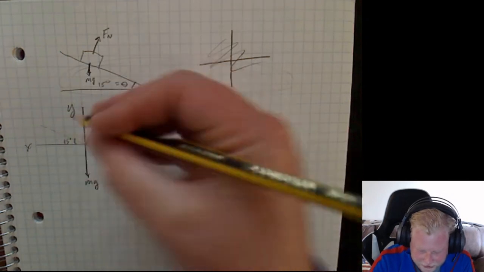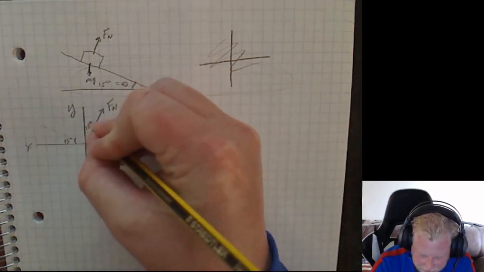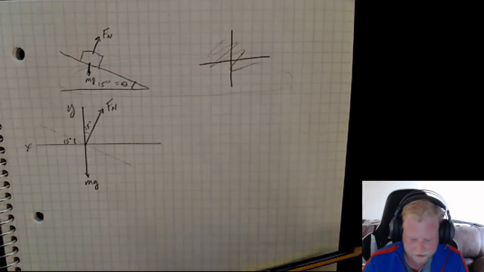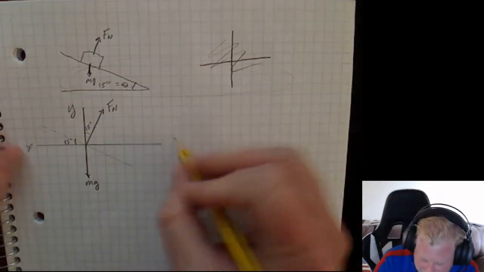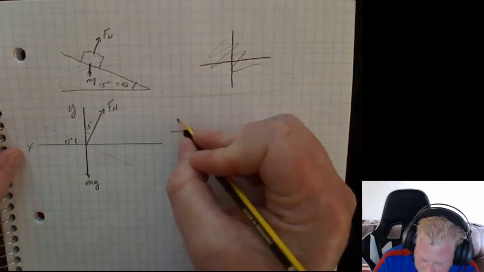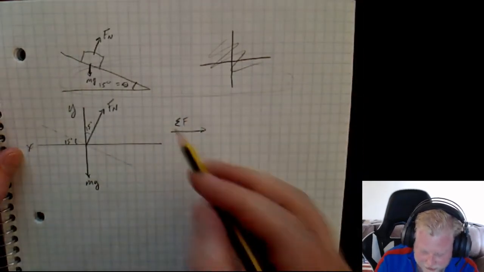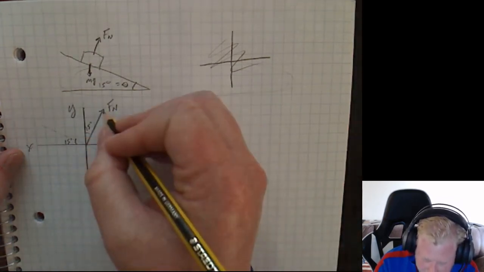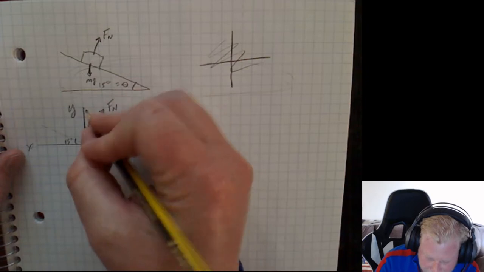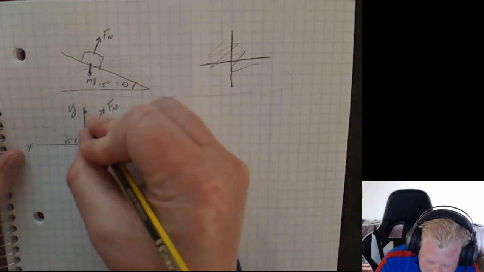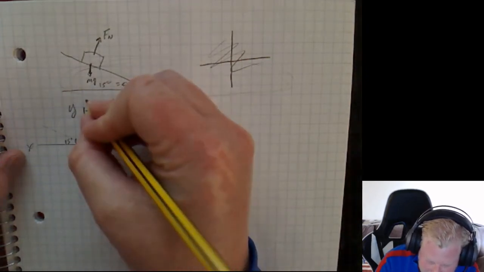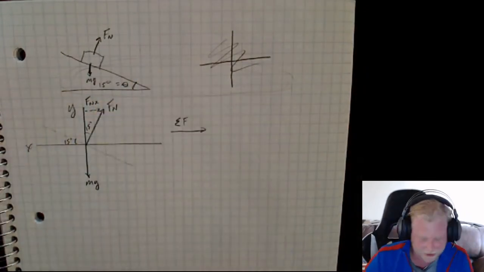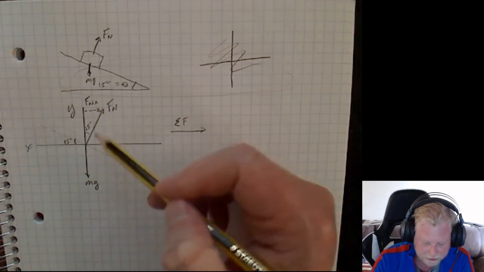Now, if this is 15 degrees, this is also going to be 15 degrees. So if we're looking at a horizontal circle where our centripetal force, our net force, is directed in the x-axis, the only component of this normal force that contributes to that centripetal force is the x component of that normal force, right?